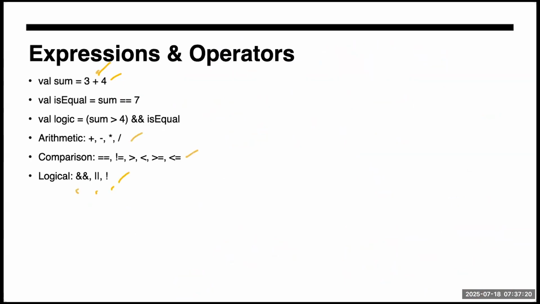If you see this example, val 3 plus 4 equal to 7, and here sum equal to this, with the equal to operator. So what will be the result of this? It will be true, right? Because sum is also 7 and this is also 7, and this is the equal to operator.